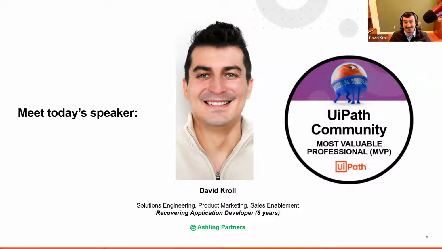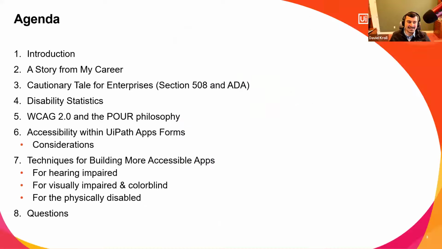I'm very passionate about apps and user experience, and I'm going to dive into a really important segment of user experience today around accessibility. For the agenda, we'll start by talking about accessibility and what it is at a high level. We'll look at a story that I experienced firsthand in my career. This is all based on a real life scenario around accessible design.